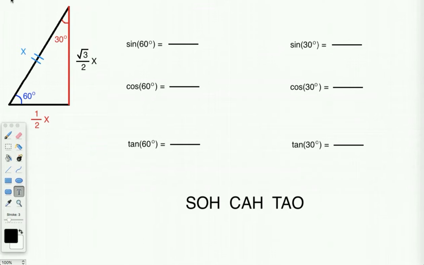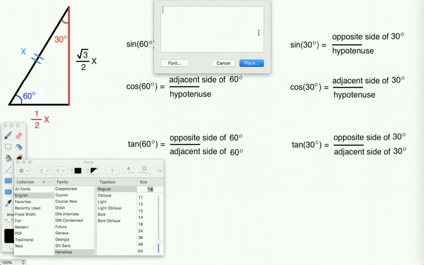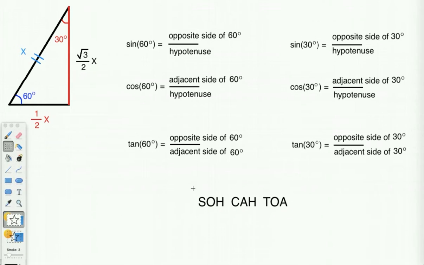Let's put that there again, SOHCAHTOA. Once again, sine is opposite divided by hypotenuse. So sine of 60 degrees is equal to the side that is opposite 60 degrees divided by the hypotenuse. There's your SOH.